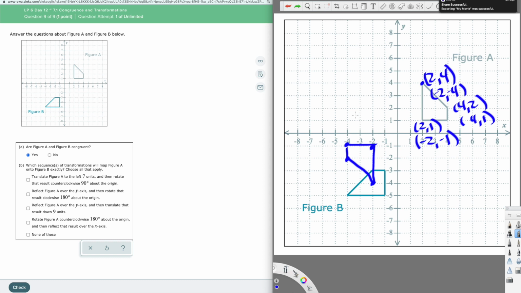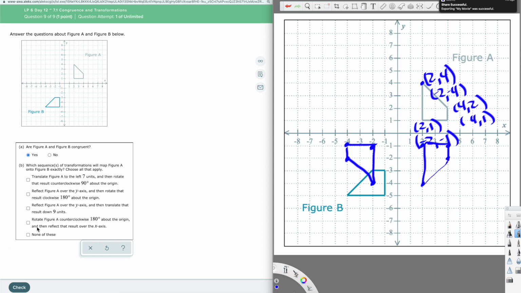And then reflect that over the x-axis. Well, all that would do would move it over here. So it's 2 away. This one's 4 away. This one is 4 away as well. And this one down here is 2 away. So that would reflect it over here. So this turns out that none of these will work.